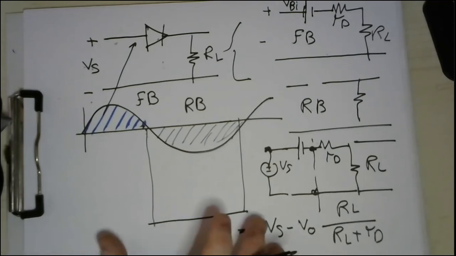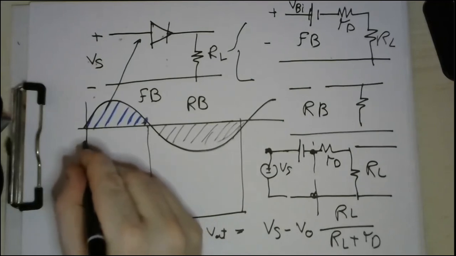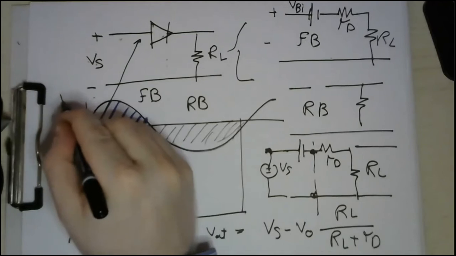In the most optimistic model, when this R load is very, very small, let's say that R load tends to 0, it's a short circuit. Then this term will tend to 1, and your V output will be Vs minus V node. Accordingly, whenever you plot the positive half cycle, which is this one, this is the input, of course.